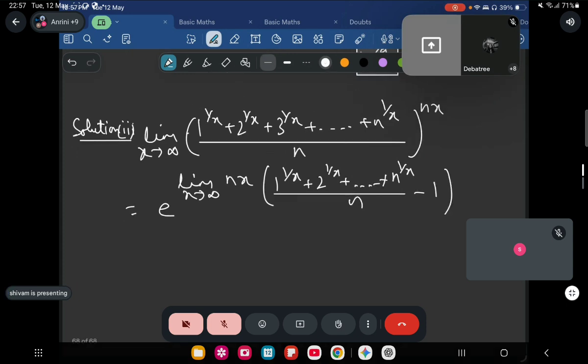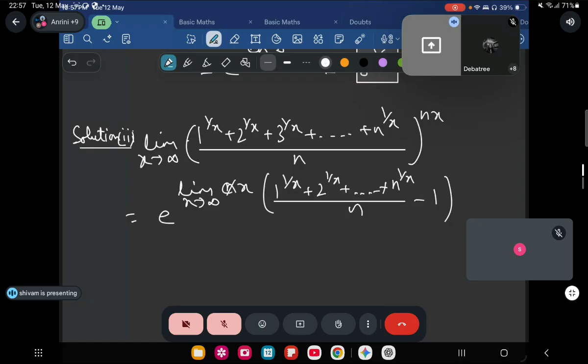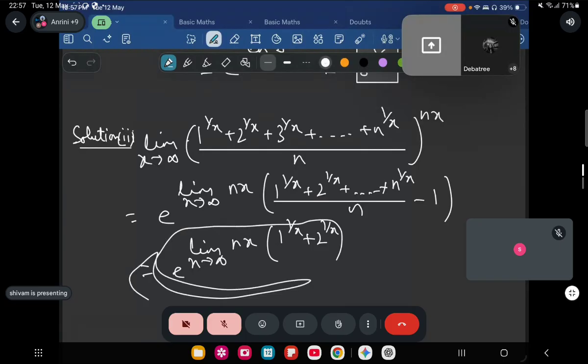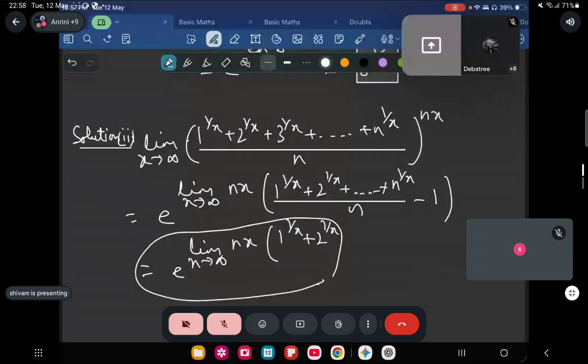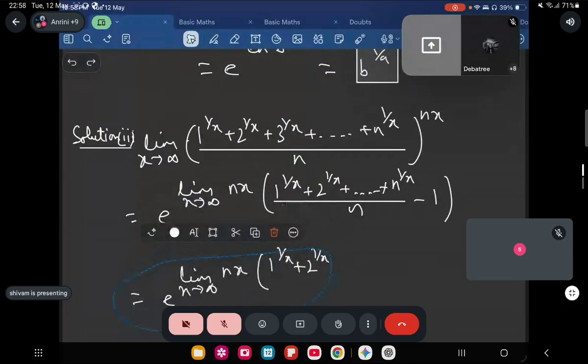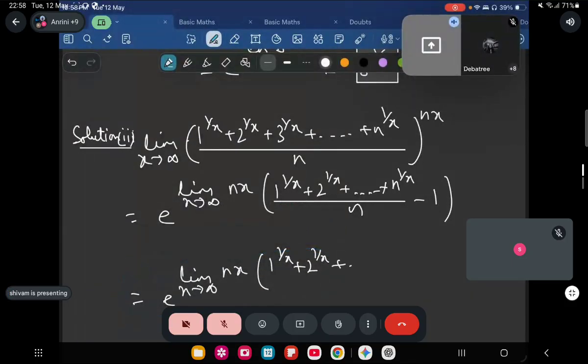So see, this will become e to the power limit x tends to infinity nx into (1 to the power 1 by x plus 2 to the power 1 by x plus dot dot dot plus n to the power 1 by x minus n) divided by n.